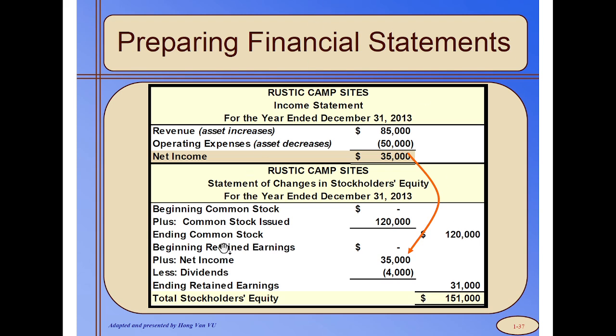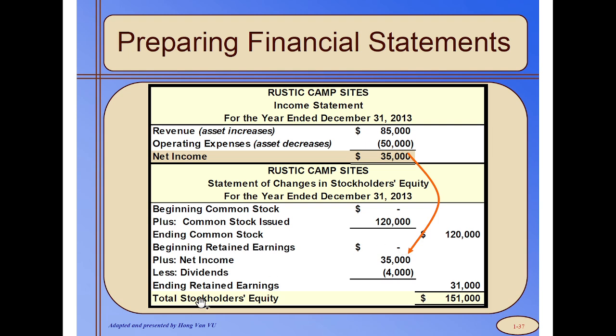We mentioned that the statement of changes in stockholders' equity is composed of two components: the first is common stock, the second is retained earnings. So we have to look at the change in the retained earnings of the company. We have a beginning retained earnings of 0. We add the net income, which we calculated above, of 35,000.